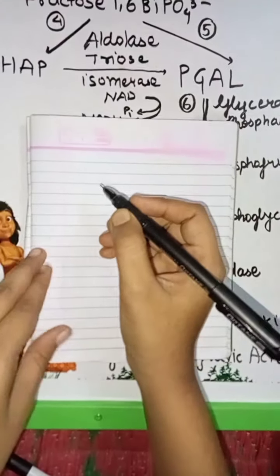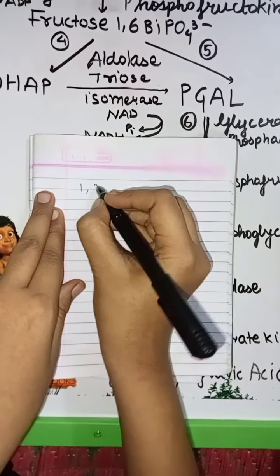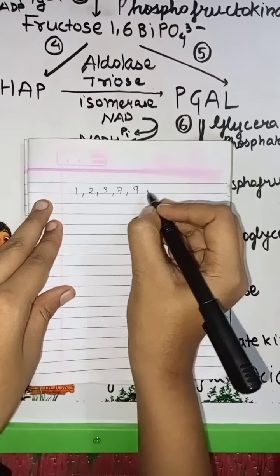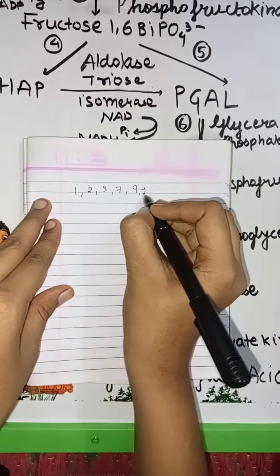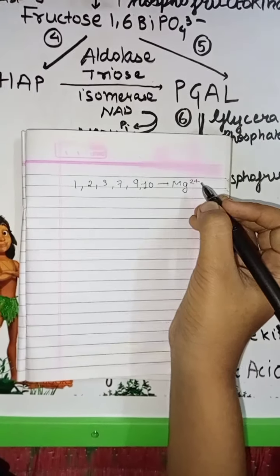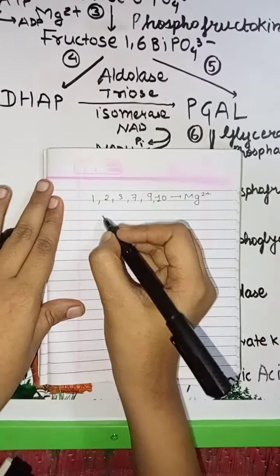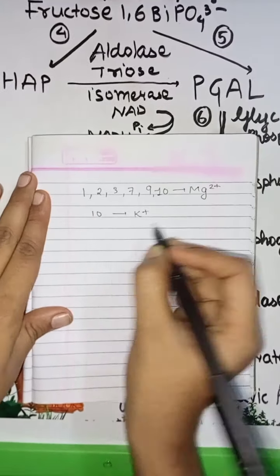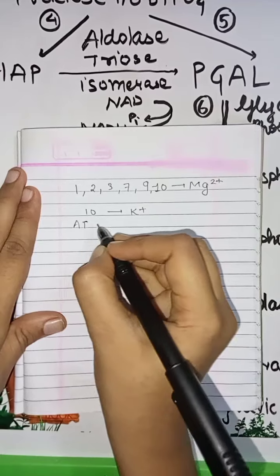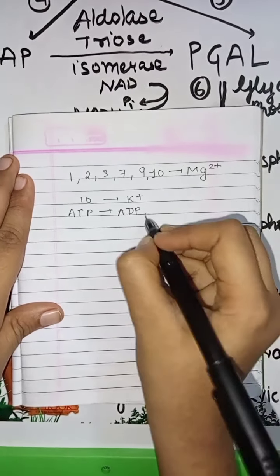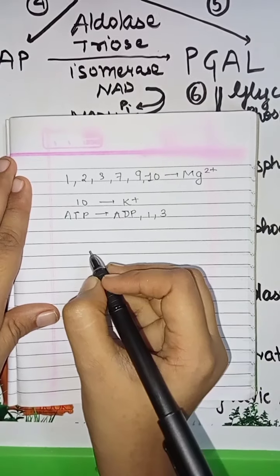Let me show you. So we have seen that in the step 1, 2, 3, 7, 9 and 10 we get magnesium ion. In the 10th step we get potassium ion. ATP converts to ADP in the first and the third step.